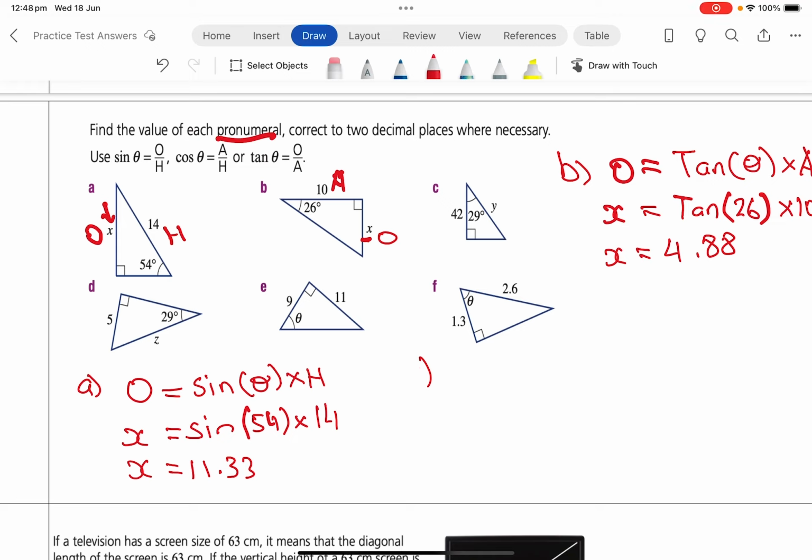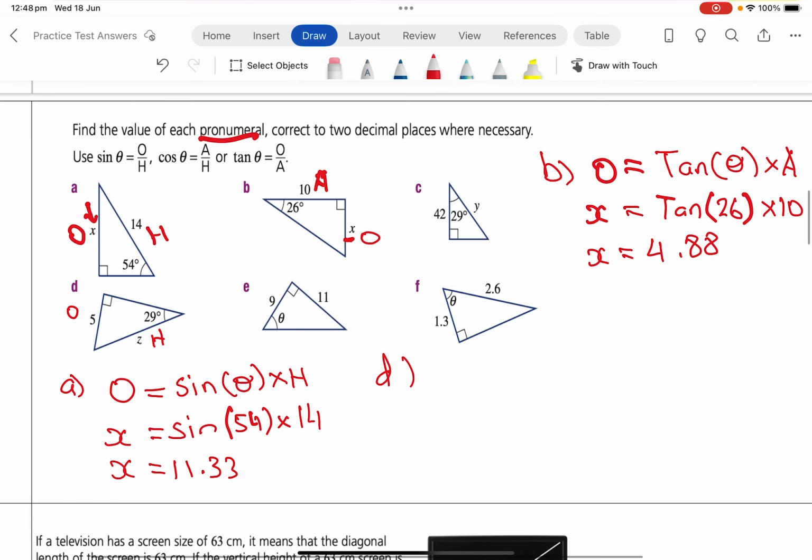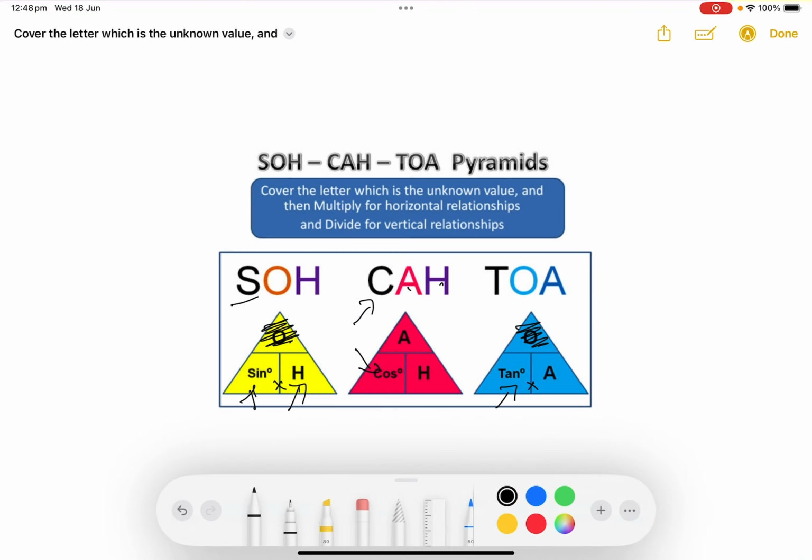This one here, we have opposite and hypotenuse. O and H, if we look at our pyramids, is sine. I am solving for H because Z is the pronumeral. So if I cover H, I'm left with the O and the sine, which across that line is divide.